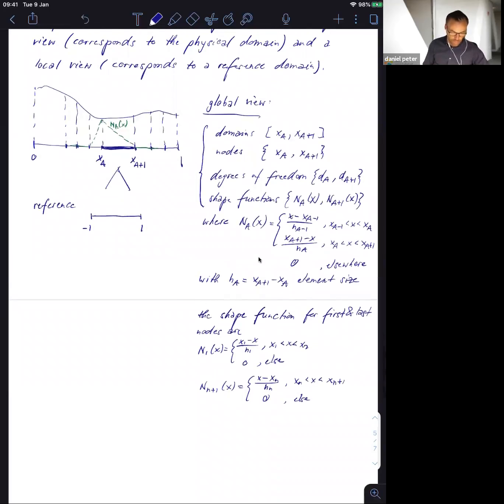So these would be these last legs here, this one and this one. That would be N1 of x, and here we would have N plus 1 of x. This being x1, x2, etc.